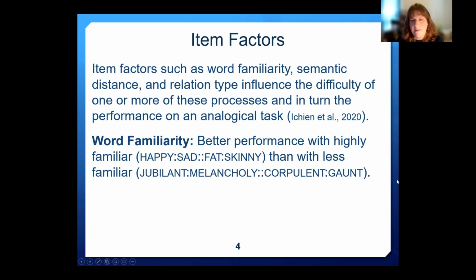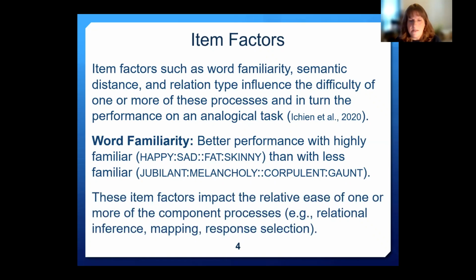So those types of analogies included on those old standardized tests tested vocabulary on top of analogical reasoning. In order to just focus on the analogical reasoning processes, all of the analogies used in all of my studies have high word familiarity.